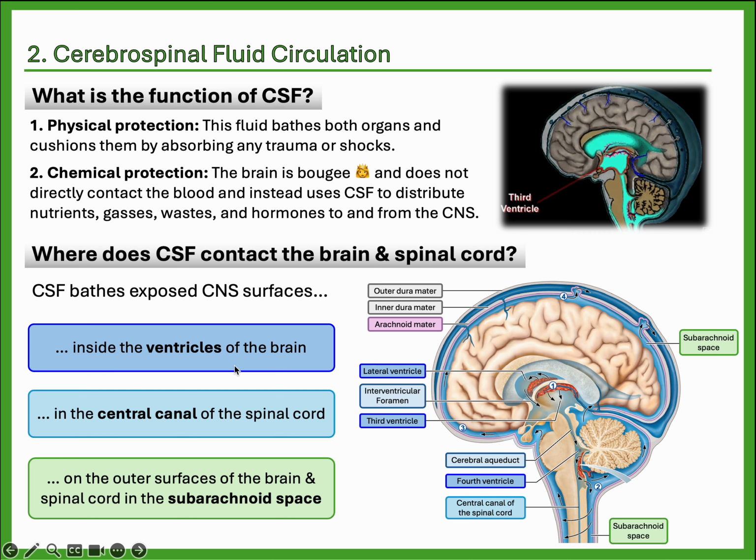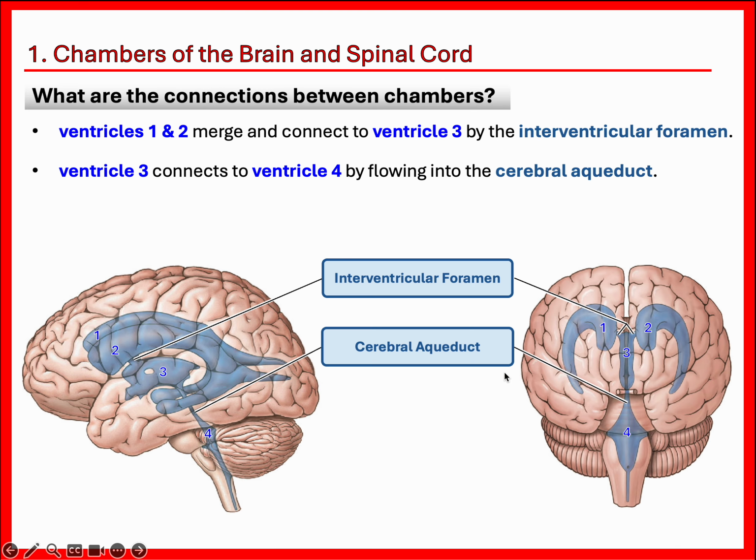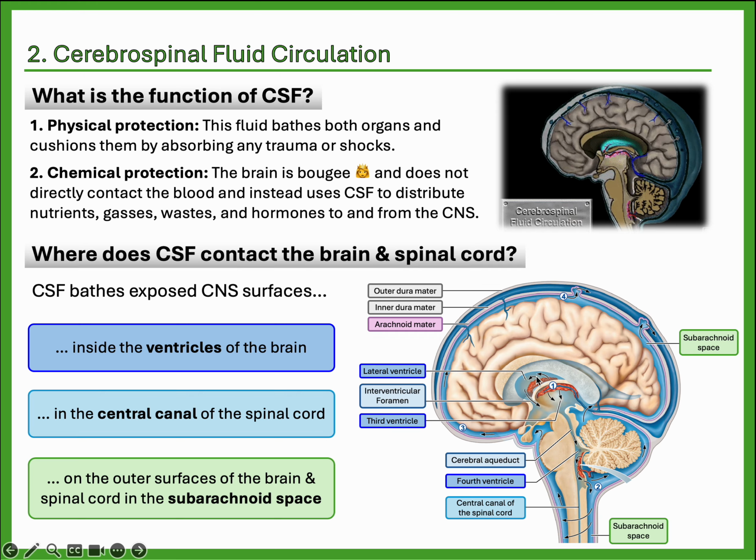Now, I want you to know that CSF bathes exposed CNS surfaces. So the CSF bathes the brain and spinal cord inside the ventricles. Do you see the ventricles here? If I cut the brain in two, remember our ventricles from here. This would be my lateral ventricle.